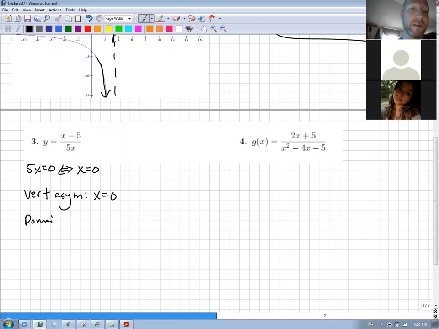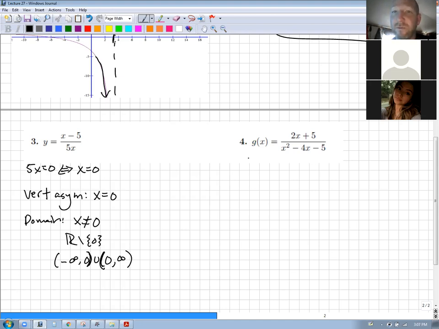The domain is x can't be 0, or all real numbers except for 0, or negative infinity to 0 union 0 to infinity. Notice we have round brackets here because we're not including the endpoint, which is 0 here.